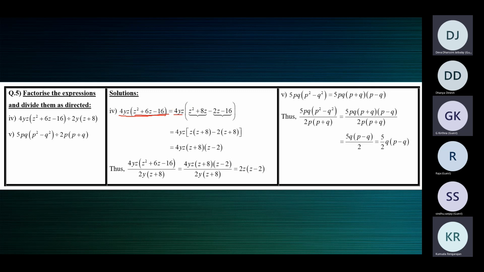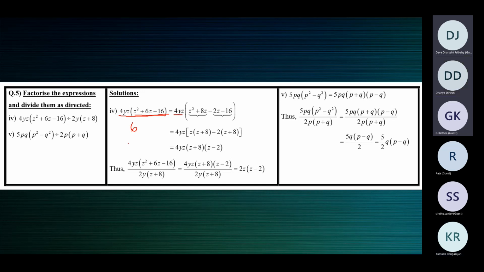Next. You can see that they can be factorized by splitting the middle term. What's the sum, children? 6, ma'am. What's the product?